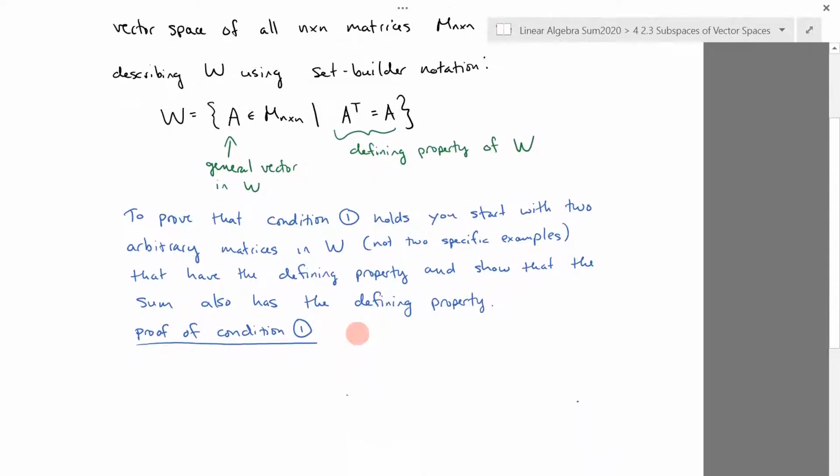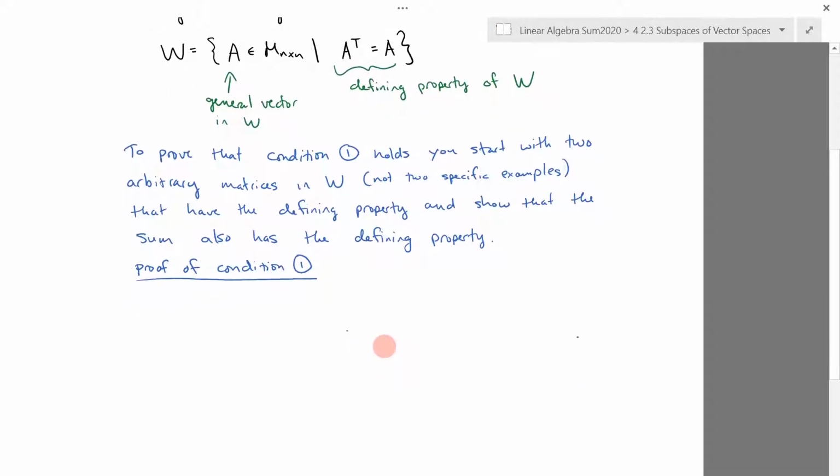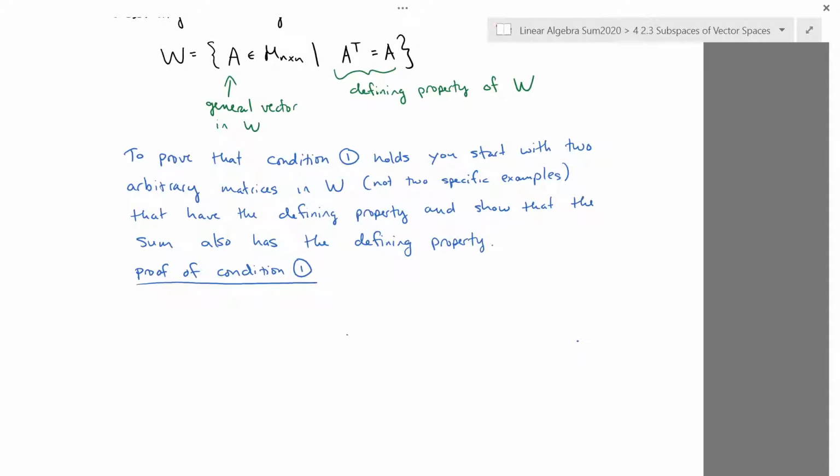So let's proceed with verifying condition 1. Again, we start with two arbitrary matrices in W. We use variables to denote them because they're not any specific matrices. Let's call them A and B. So let A and B be two matrices in W. Because A and B in particular are in W, they have to satisfy the defining property.